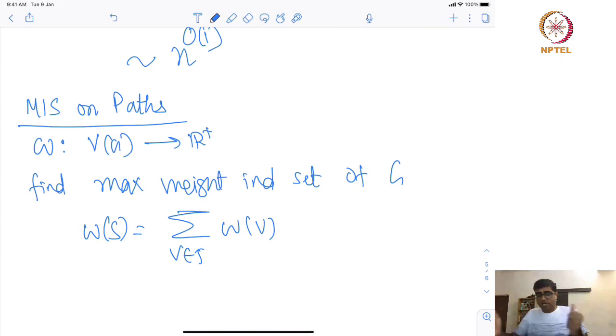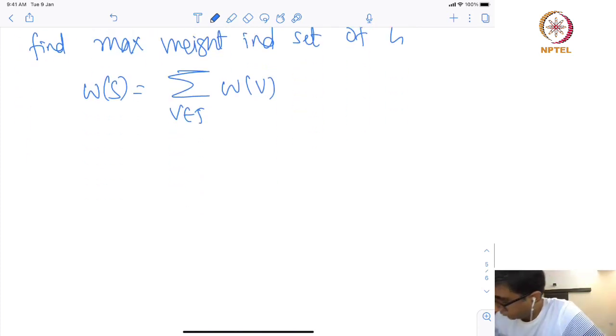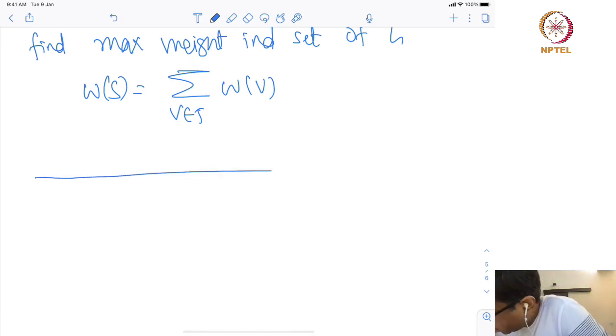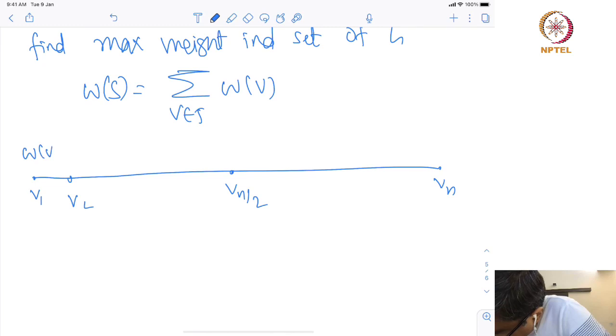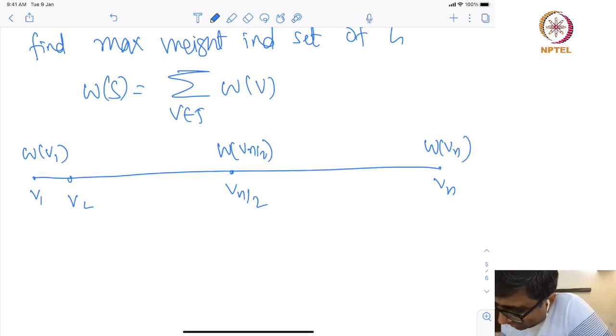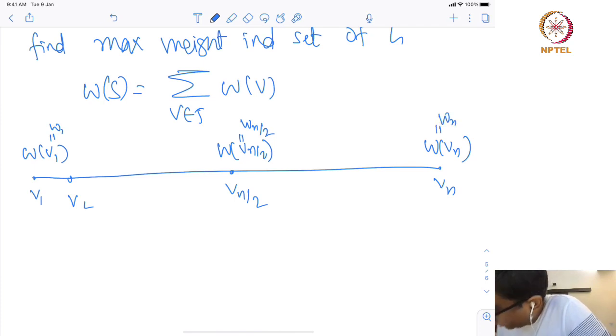So you would like to find an independent set such that if I sum the weights of the vertices in this independent set, that is maximized, okay? So now what is given to me is some path v1, v2, ..., v_{n/2}, ..., vn, and there are some weights w1, w2, ..., w_{n/2}, ..., wn, okay?